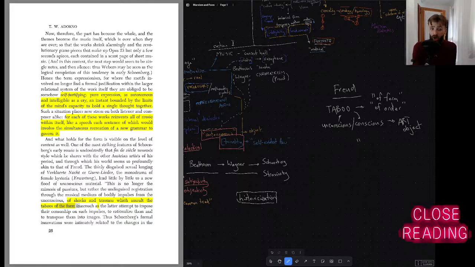There are these shocks that assault the bodily impulse, and these works in particular have a sexual longing that has to do with female hysteria. So we'll just put down hysteria and sexual longing.